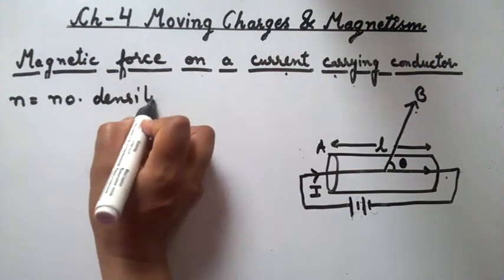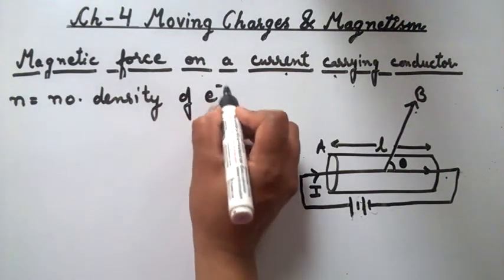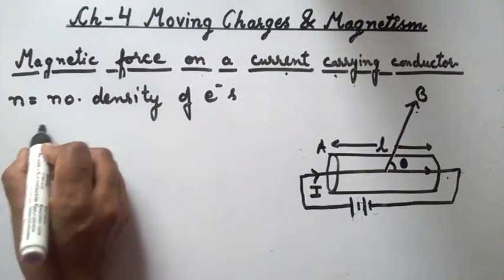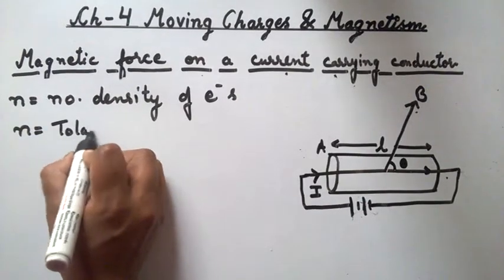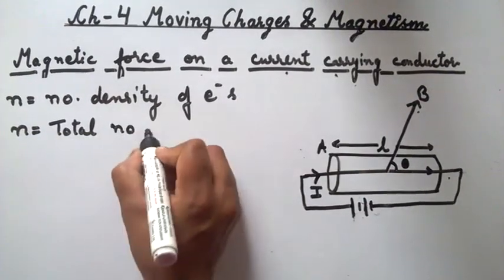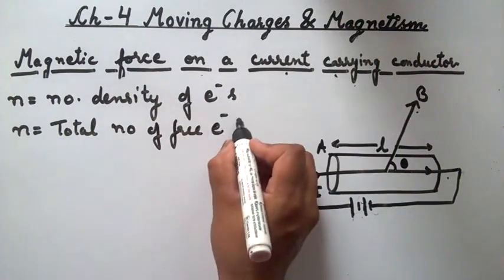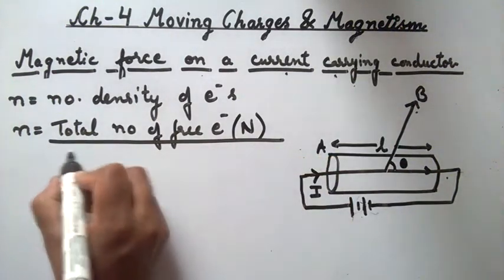and density is given as mass upon volume. Therefore, number density is equal to the total number of free electrons, let us denote it by capital N, per unit volume of a conductor.